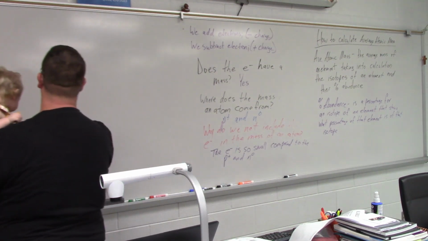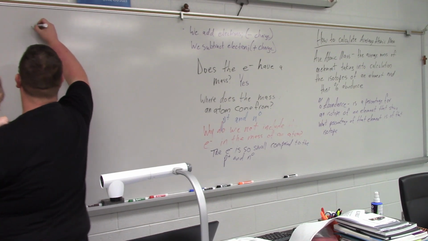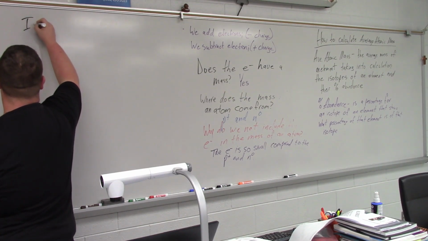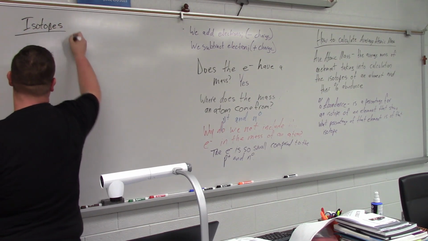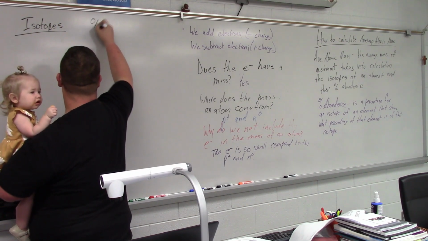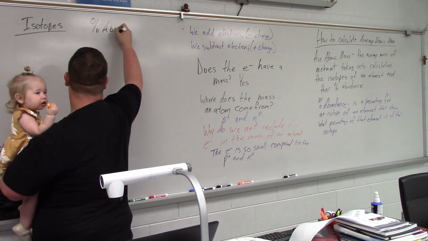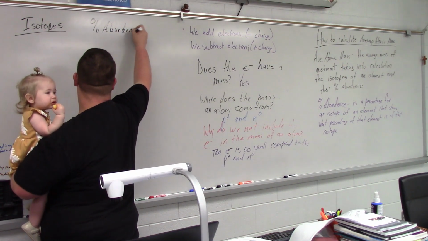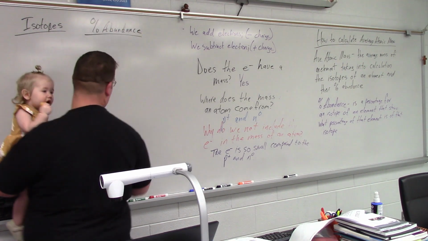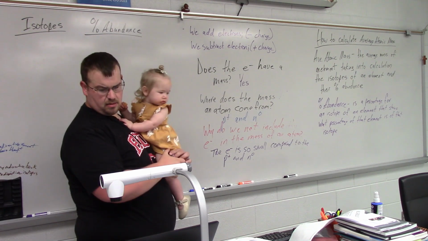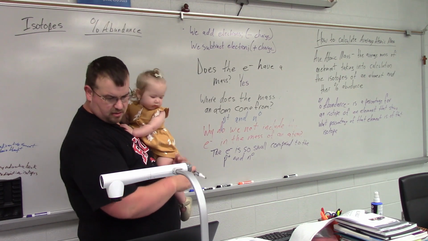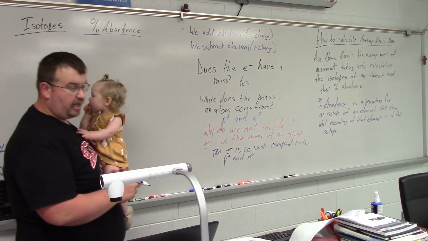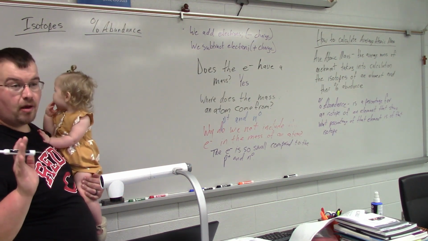First thing, I have to give you isotopes. Second thing, I have to give you the percent abundance. Simplistic way of doing this.